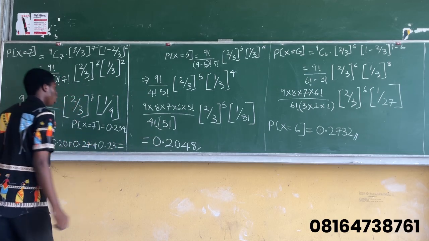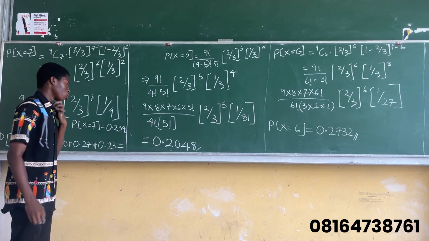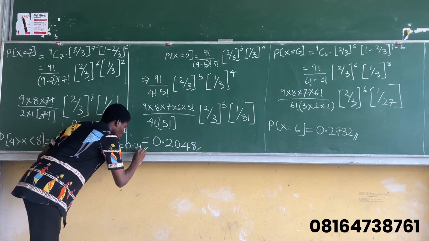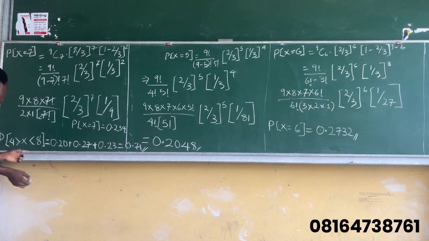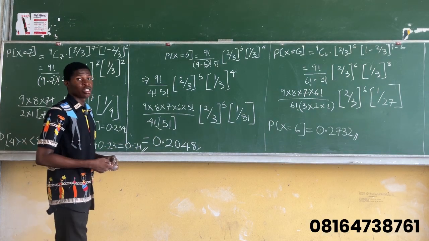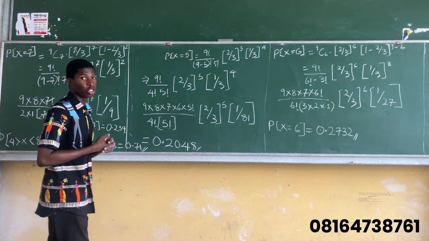So once you sum them up, what do you get? 0.71. So now the probability that the number x is greater than 4 but less than 8 is equal to 0.71. So that is the solution for this binomial distribution question.